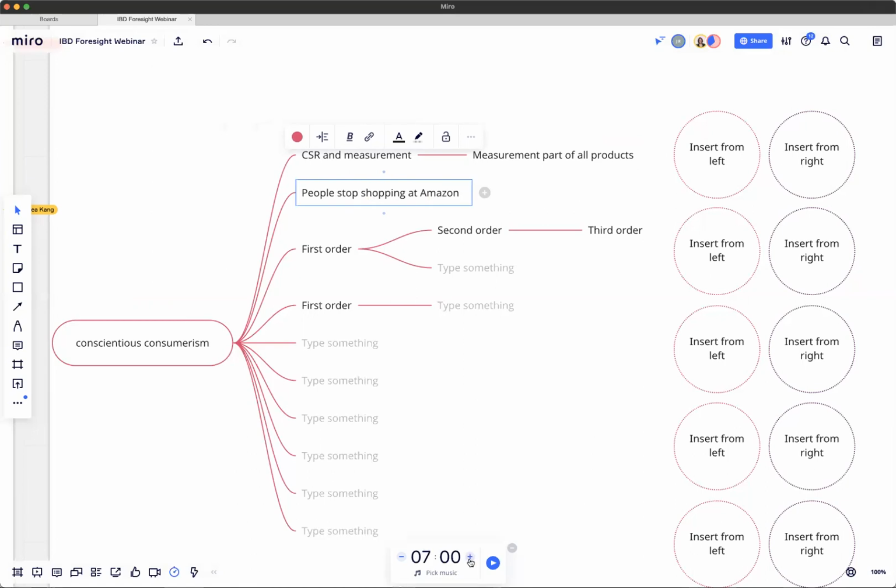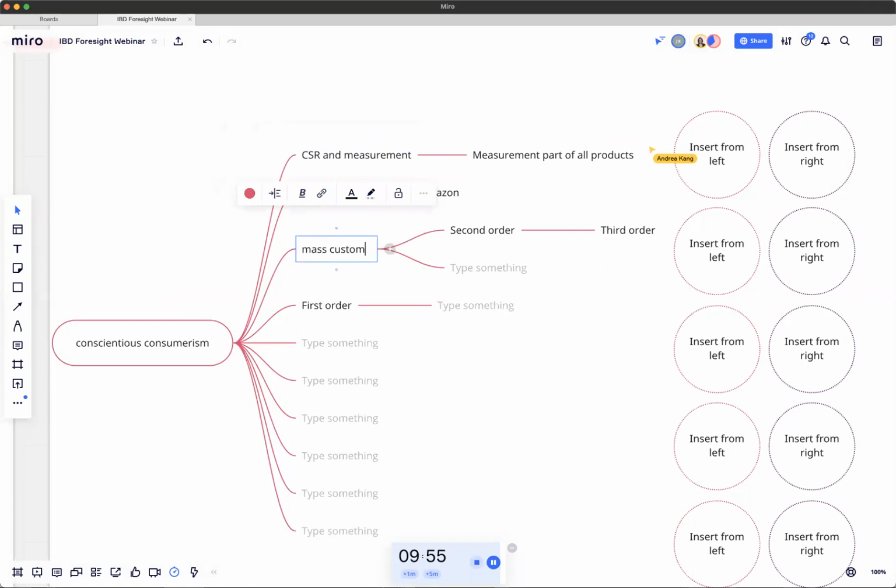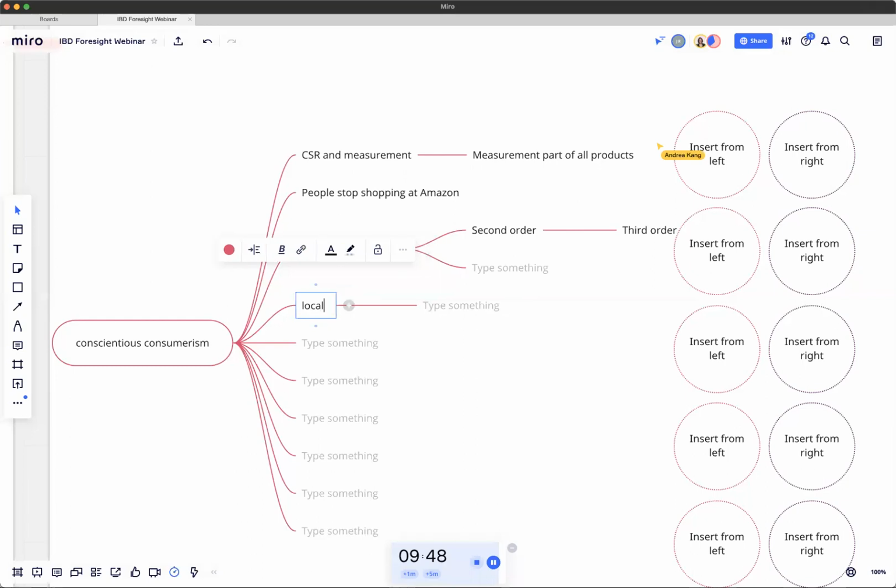All right, yeah. So we also had an example of mass customization. I think that's really interesting. Someone also mentioned shifting to local sourcing and having more of a local brand or story. I think something about localization is super interesting. We also have carbon footprint of the product being part of buying decision-making.